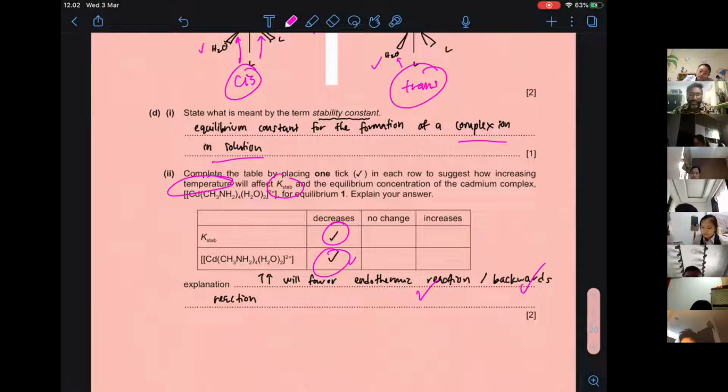If you mention that, you will get a full mark. In the marking key, they say that the forward reaction is exothermic, that's why higher temperature will go backwards, but it's still the same answer. High temperature will favor endothermic reaction, which is going to favor the backward reaction. The moment you mention that, you will get the solid 2 marks.